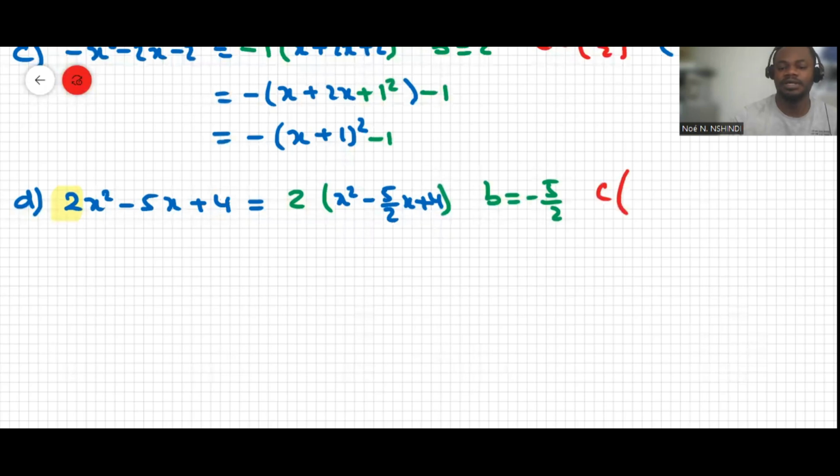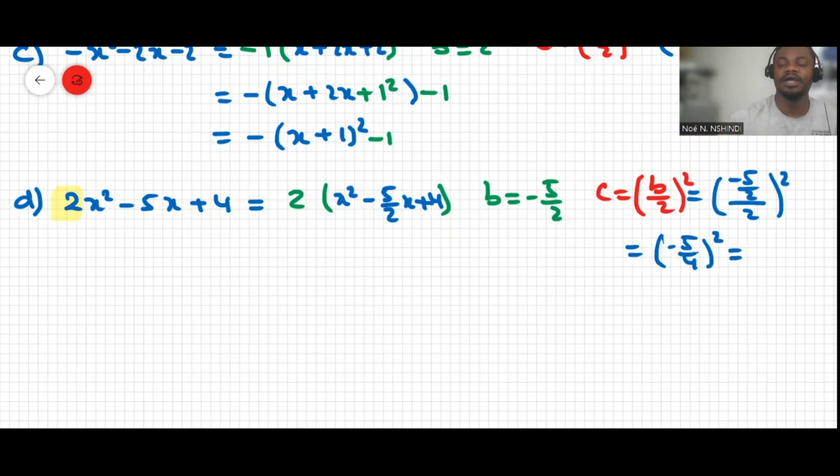Now, note that here b is negative 5 over 2, and then we're going to use c, which is given by b over 2 to the power of 2. This will be b, which is negative 5 over 2, over 2 to the power of 2, and then this will be negative 5 over 4 to the power of 2, which is 25 over 16.